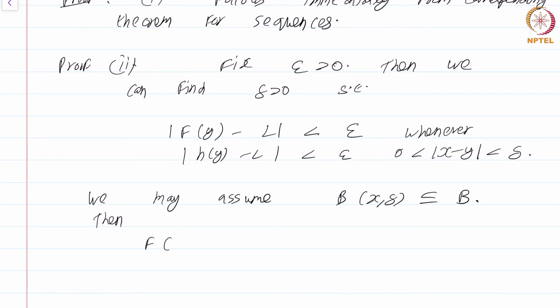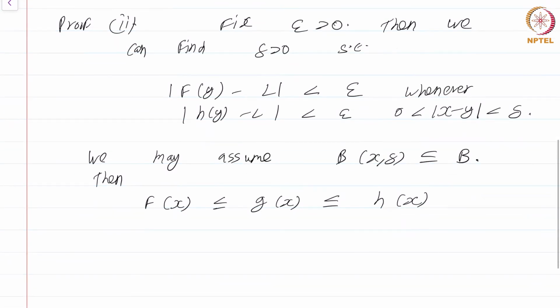Then we know that f of x is less than or equal to g of x is less than or equal to h of x. And now the proof should be very similar to what we did for sequences.